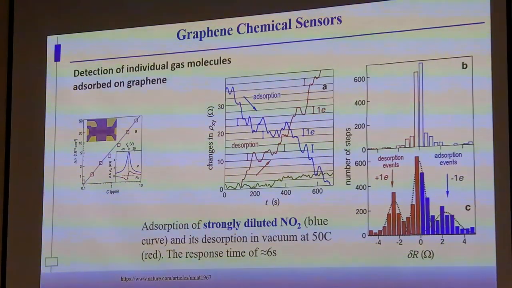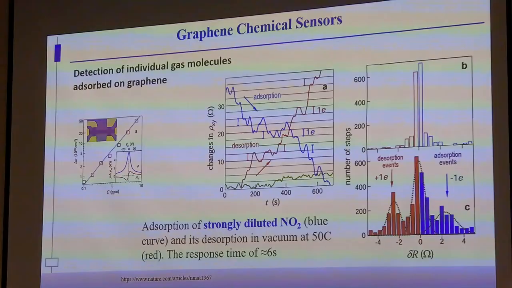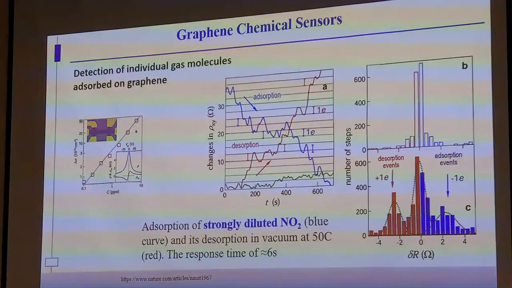The beauty of this experiment that made graphene very famous is that with data post-processing and extrapolation, they were able to see a single electron transfer for each molecule. When a molecule is adsorbed on the surface of the device, there is a charge transfer, and when it desorbs, again there is a charge transfer.